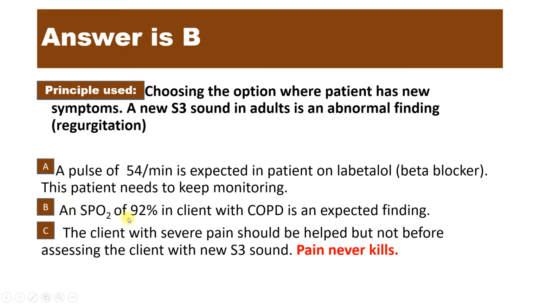And then an SpO2 of 92% in a client with COPD is also expected. Actually, for COPD patients, we should have some level of carbon dioxide within their system because the stimulus for their breathing is no longer oxygen but carbon dioxide saturation.